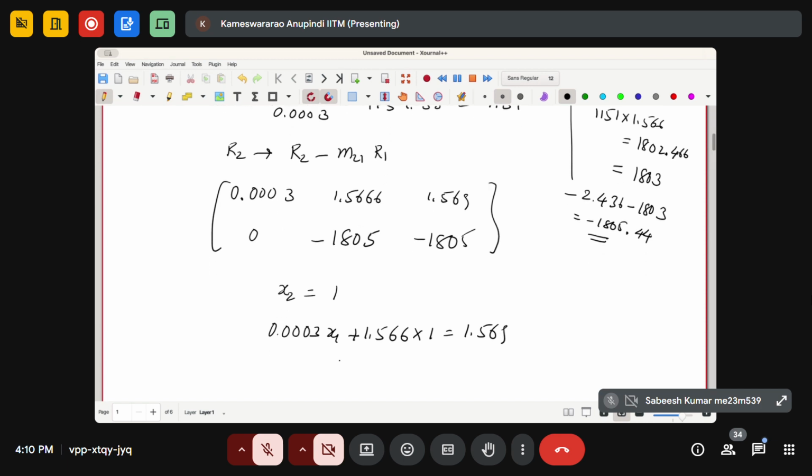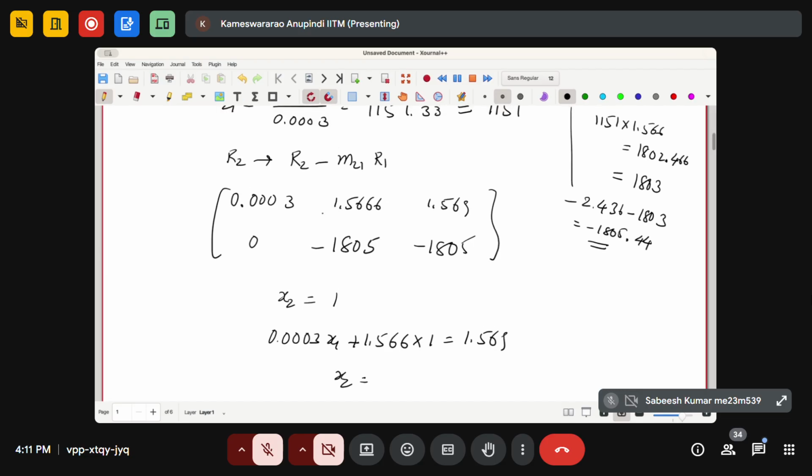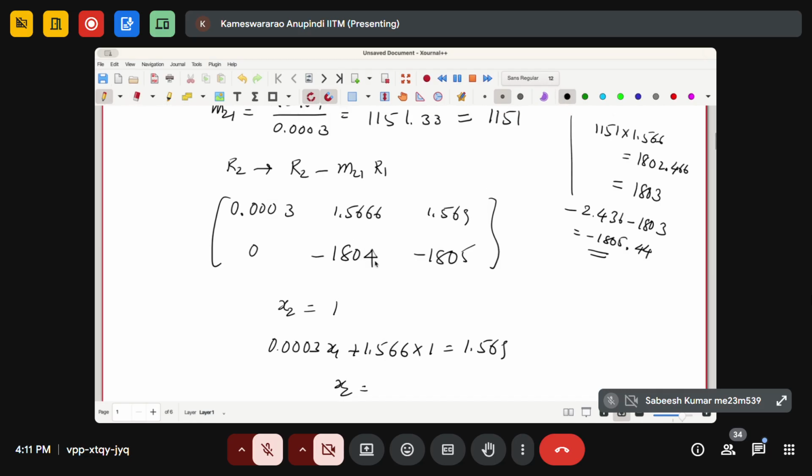That's going to give you x1 equals 1.569 minus 1.566 divided by 0.0003. So I think I made a mistake somewhere. This should be 1804. Okay, I think we need to check that. Somewhere I made a mistake. This will come out to be minus 1804.